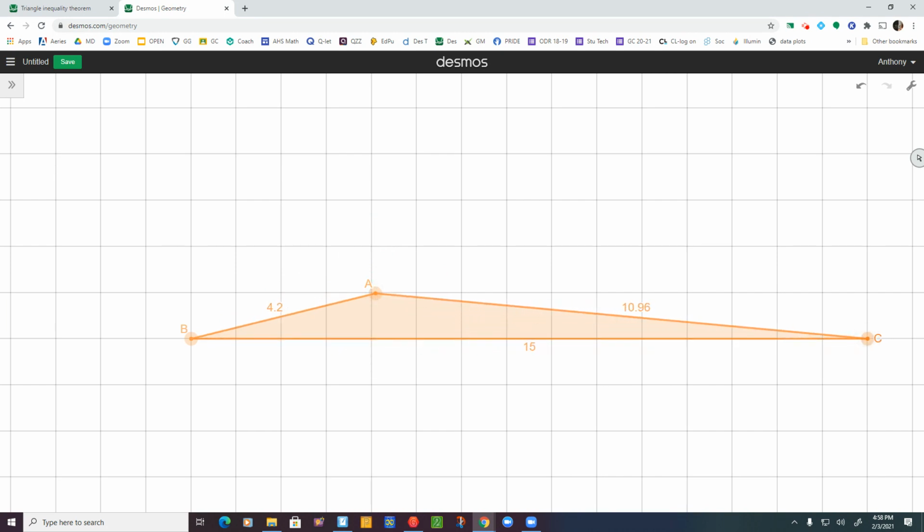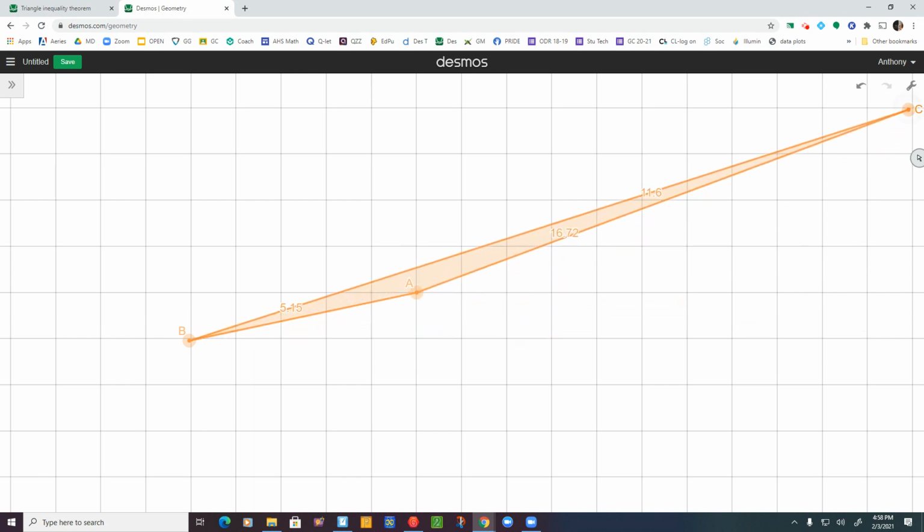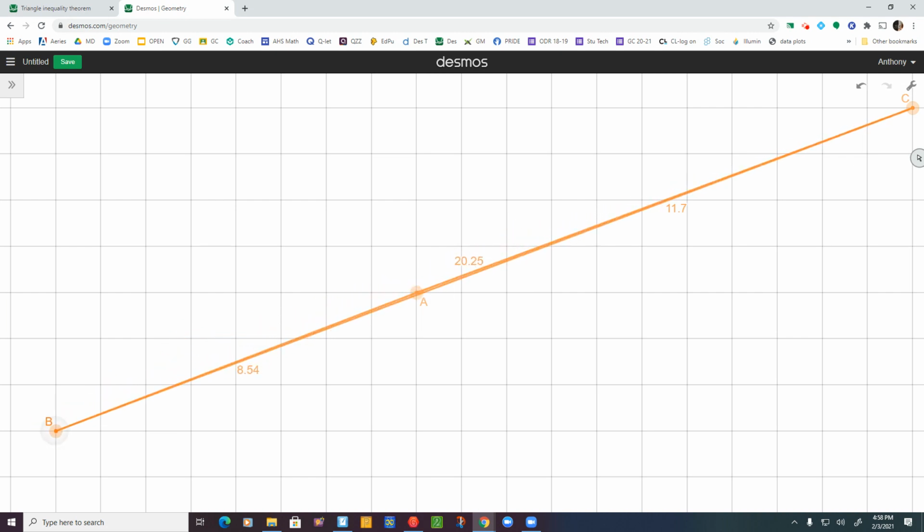So if I go like this, let's see. I'm just going to play around with this and see if I find something interesting. The bottom is 15. The 2 smaller sides are 5.1 and 10.05. That's 15.15. So they are bigger than the big side. Well, what if I go like this? Hold on.